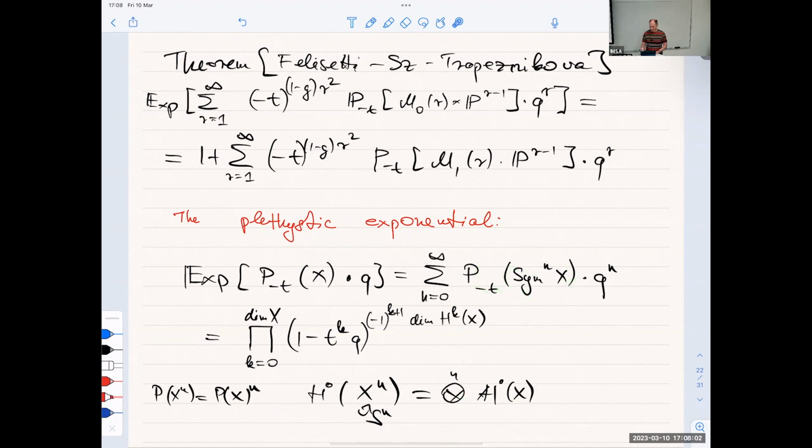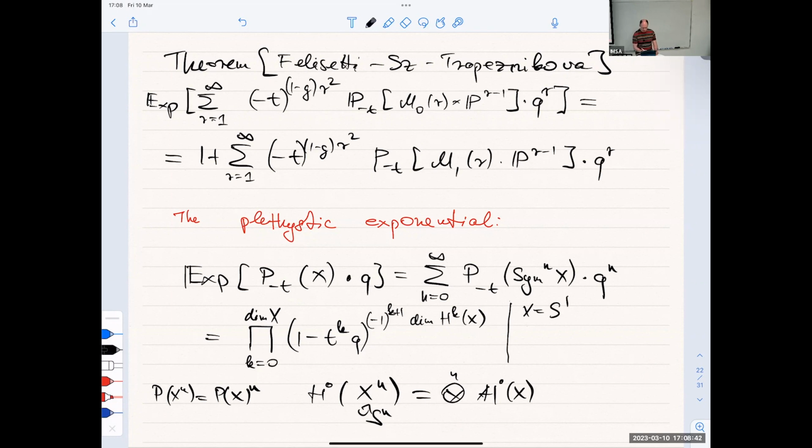I explained a little yesterday that this plethystic exponential is essentially the Poincare polynomial of the invariant part of the nth tensor product of homology. It is simply an operation on polynomials. You take a polynomial which you think of as the Poincare polynomial of the variety, and you put the usual change of t to minus t. Let's do a quick example. Say X is the circle S1.